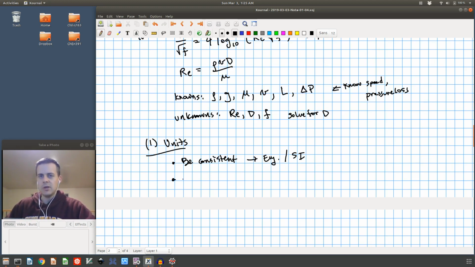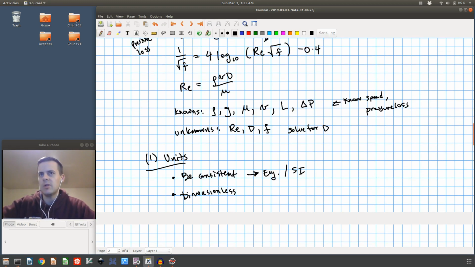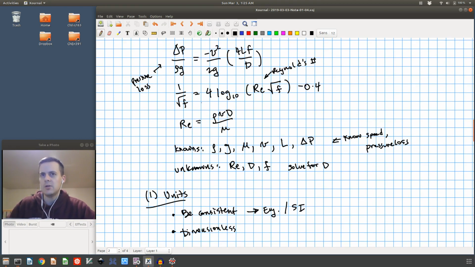The other approach is you can make it dimensionless. We don't really talk about that much in this class. We'll talk about it a lot in fluids if you take fluids with me. But basically, if you look at this Reynolds number, there are no units in this equation. And the friction factor, there are no units either. This one is in units of height. I know that because I've taught this class a couple times.